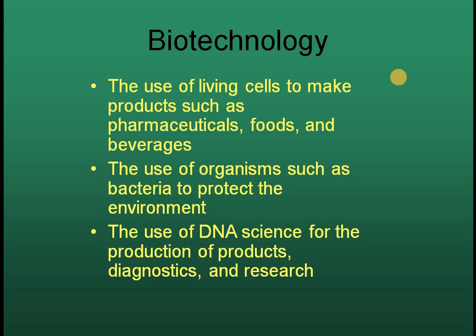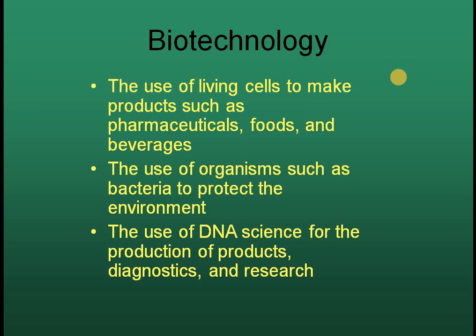What is biotechnology? It is the use of living cells to make products such as pharmaceuticals, foods and beverages, and the use of microorganisms such as bacteria to protect the environment. For example, genetically engineered bacteria can digest compost and waste.